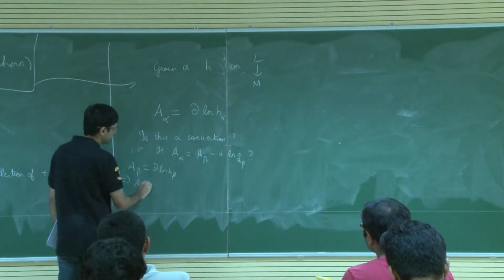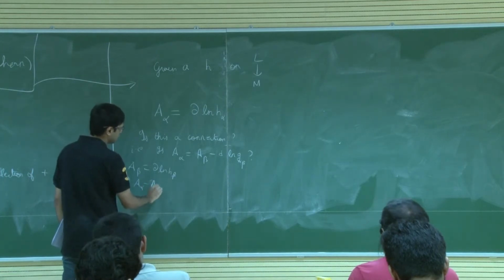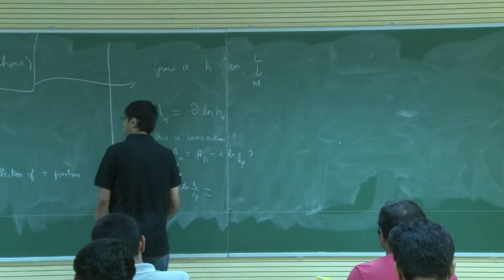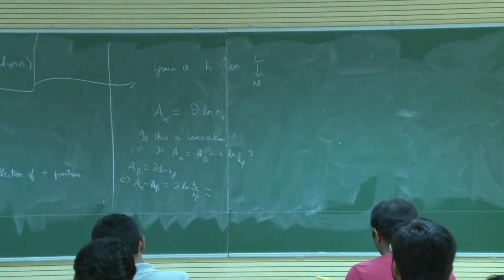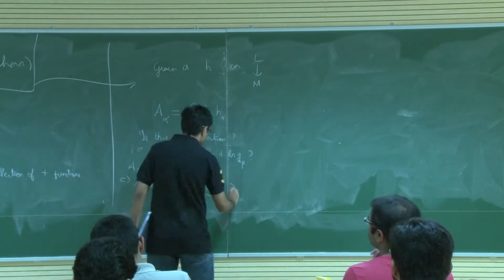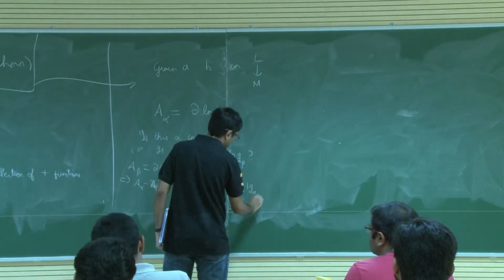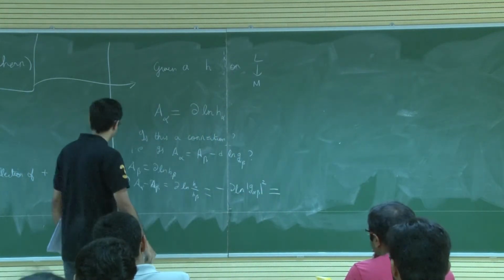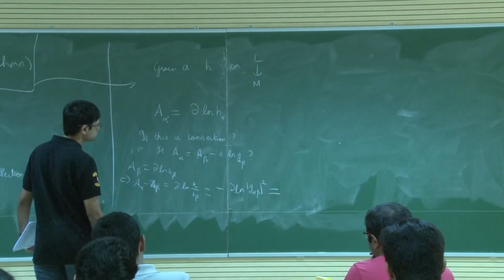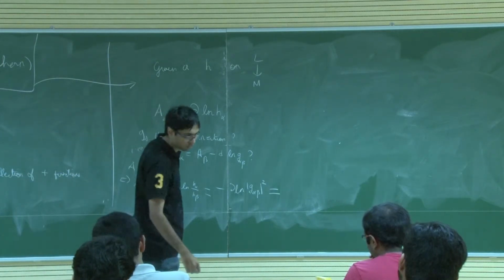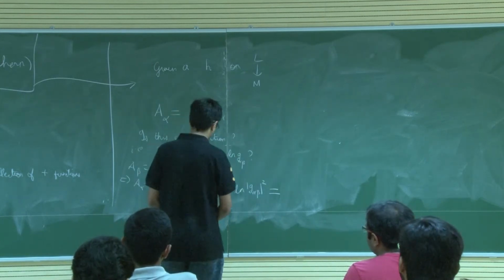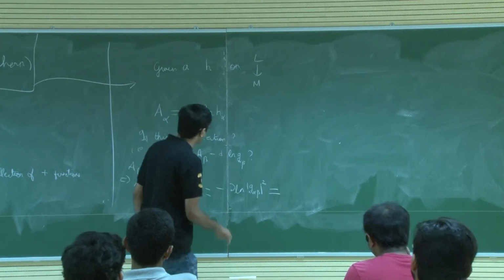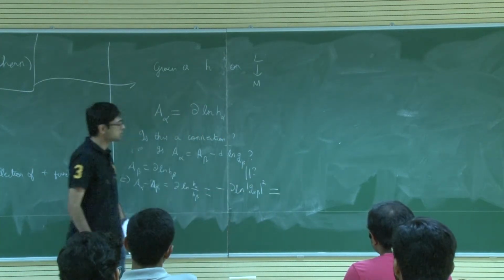So A alpha minus A beta is del ln h alpha over h beta, which is this quantity minus d ln mod g alpha beta squared. And what is this equal to? This should ideally be this, right? Why is this the case?